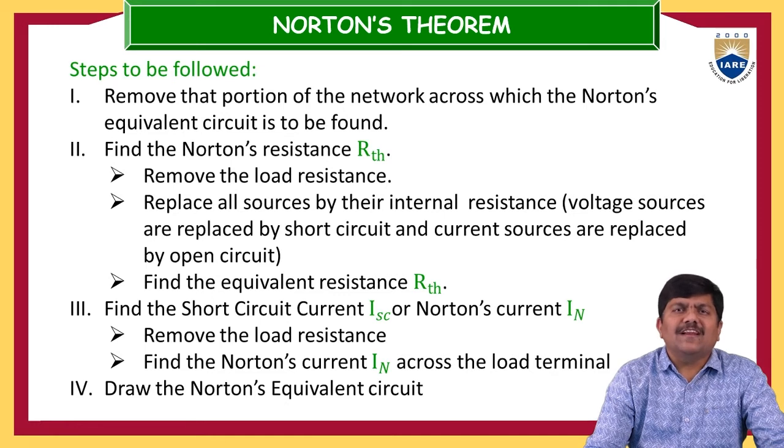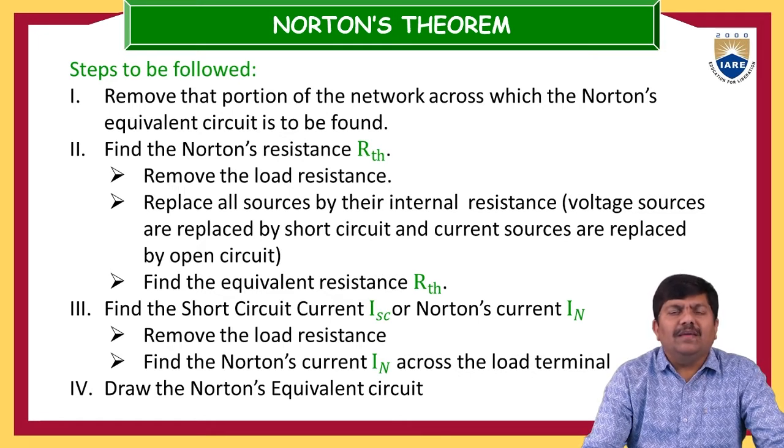The voltage source internal resistance is 0. So all the voltage sources should be represented in short circuited form and all the current sources in open circuited form. Now, with the fundamental principles of electrical engineering, you can easily find out the RTH.